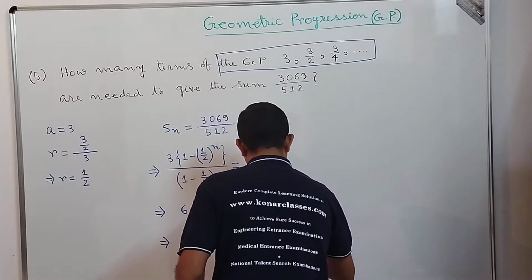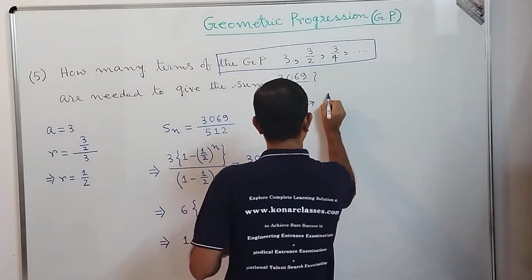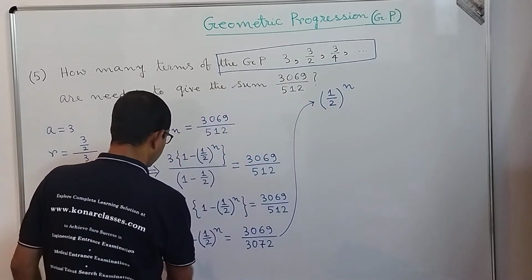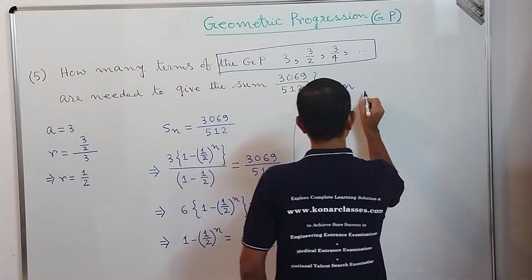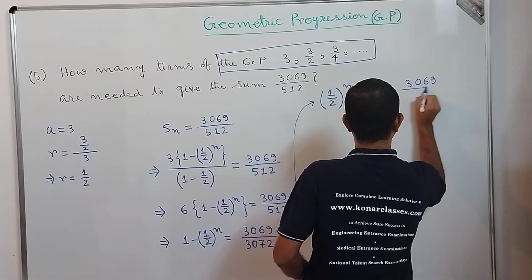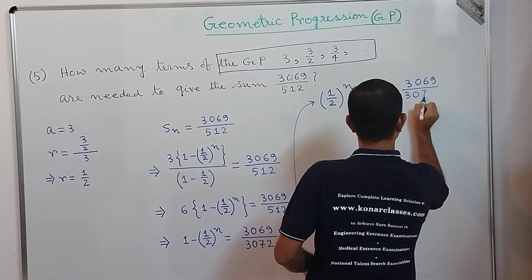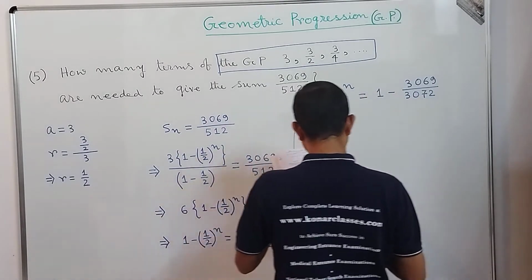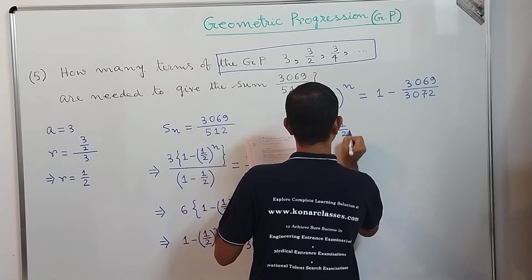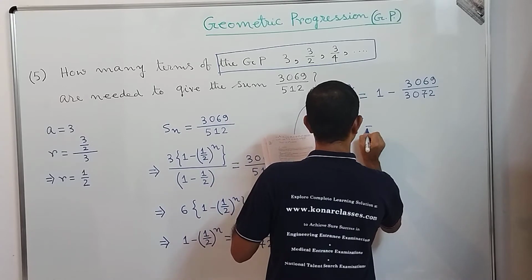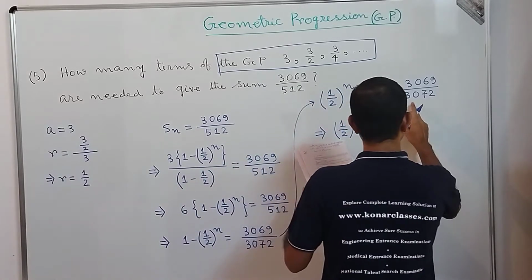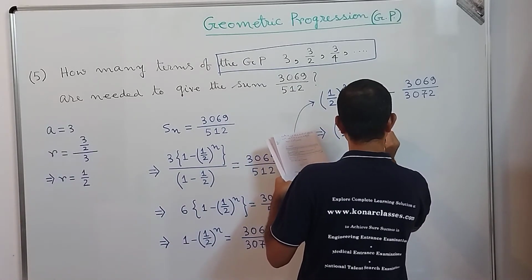So from here, 1 by 2 to the power n will be 1 minus 3069 by 3072. That becomes 3 by 3072, which is 1 by 1024.